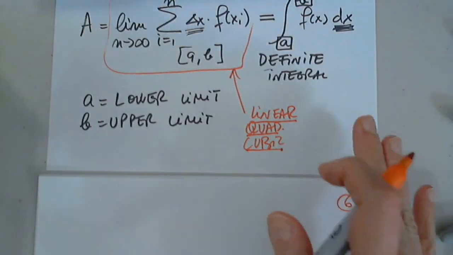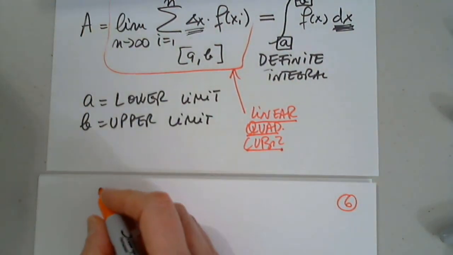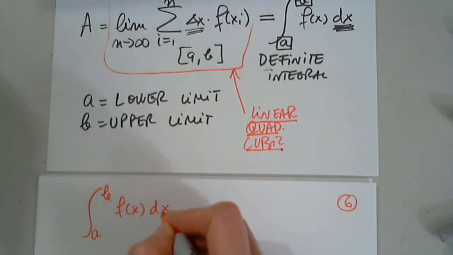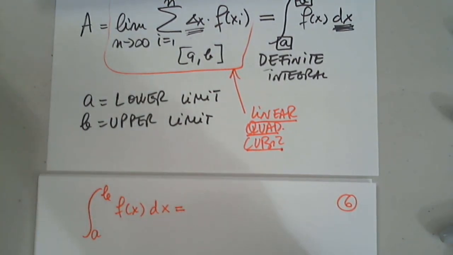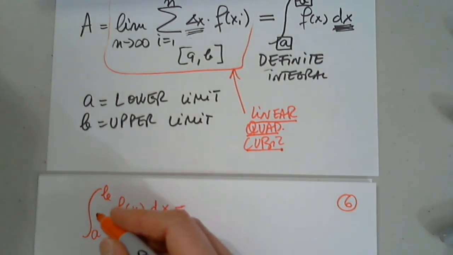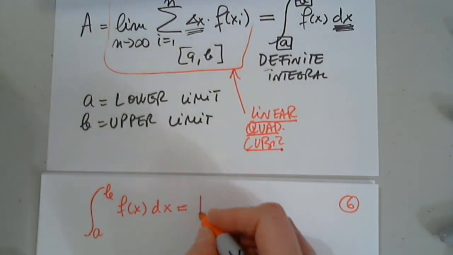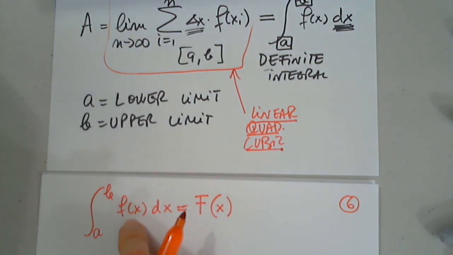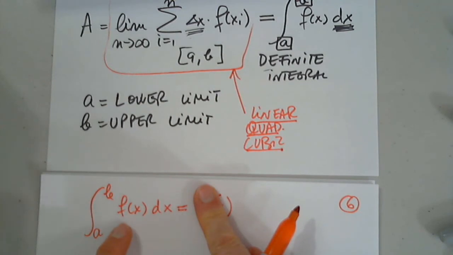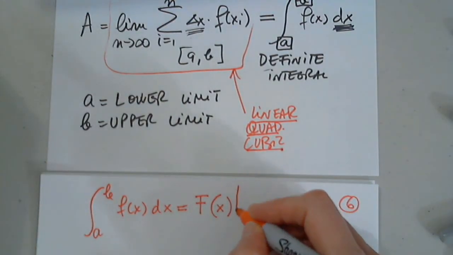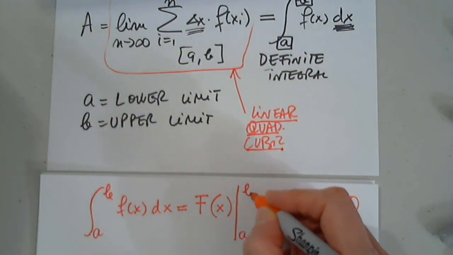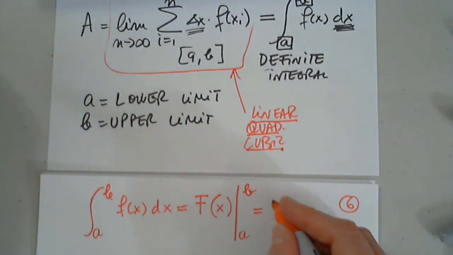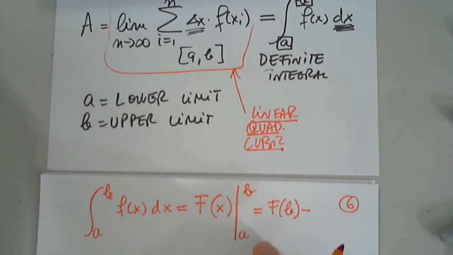How do we determine the definite integral? So the integral from a to b of f of x dx is determined exactly by finding the antiderivative of this function, the function whose derivative is f of x, and then evaluated from a to b, which really means I plug in b and I subtract what I get when I plug in a.